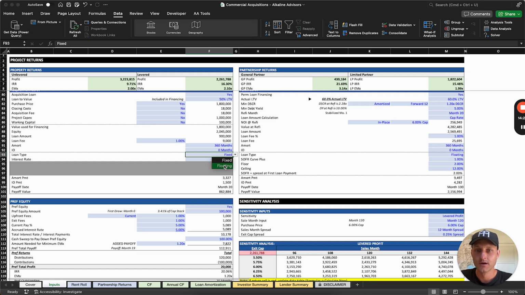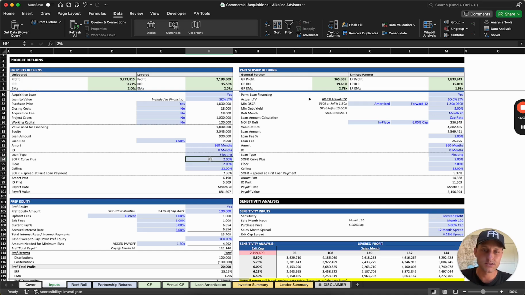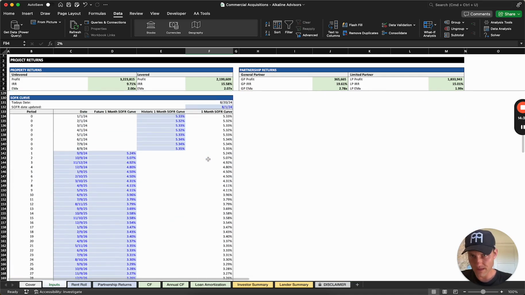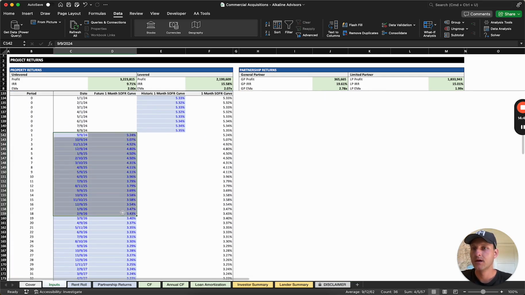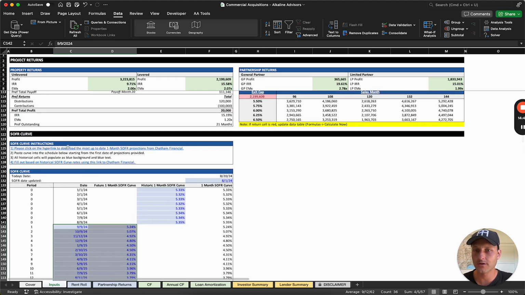If it's floating, we're going to be tied to SOFR, and we have a floor and a ceiling, and it's SOFR plus 200 basis points or 2%. And the SOFR curves down here. So in essence, you just paste in from Chatham Financial or any other curve you want to pull from, but we have the downloadable link here.